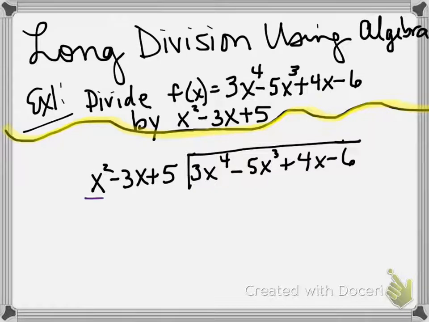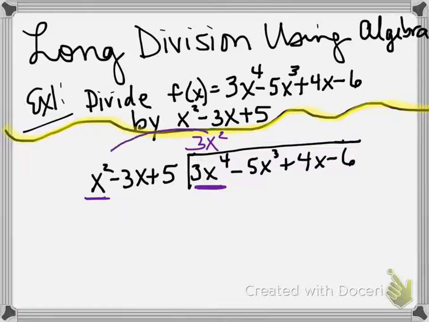So I'm going to start with x squared and 3x to the 4th. My question would be, what times x squared would give me 3x to the 4th? What do I have to multiply x squared by to get 3x to the 4th? I have to multiply by 3x squared.